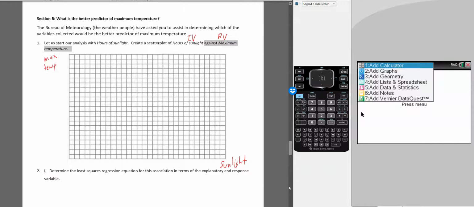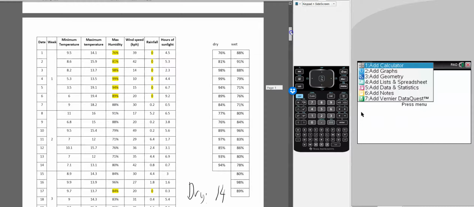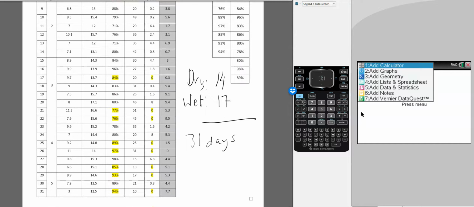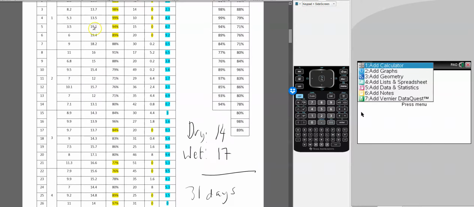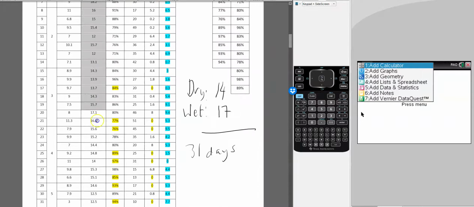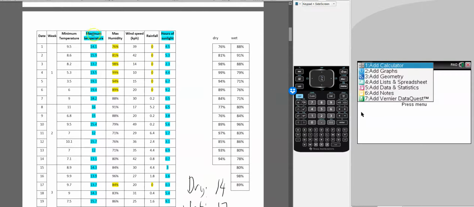I'm not going to bother drawing this up at the moment, but all you really have to do is plot the points. You go to your data, maximum temperature versus sunlight, and use these two light blue columns, making sure that you pair up the values.